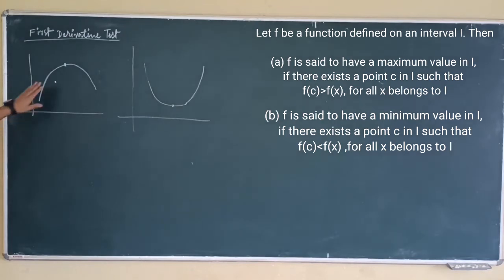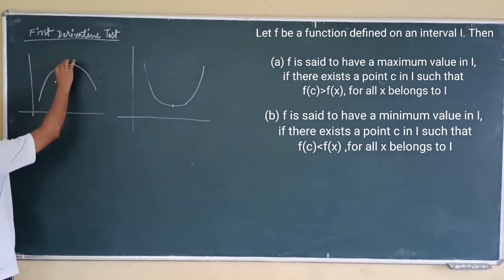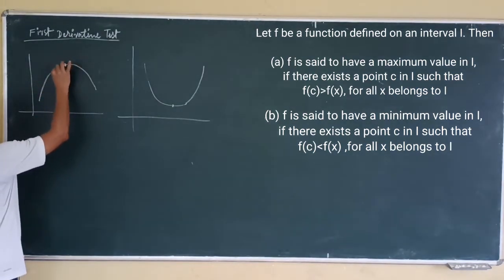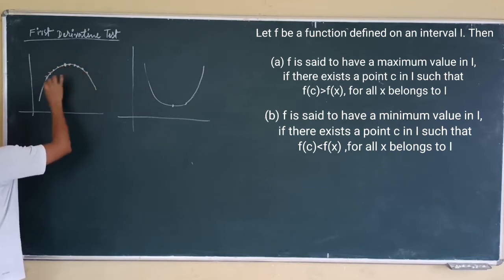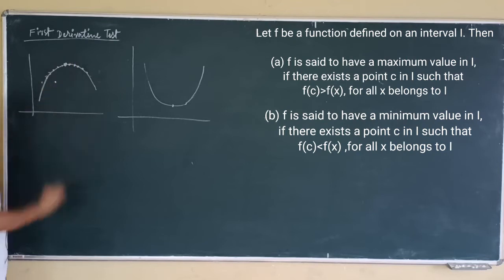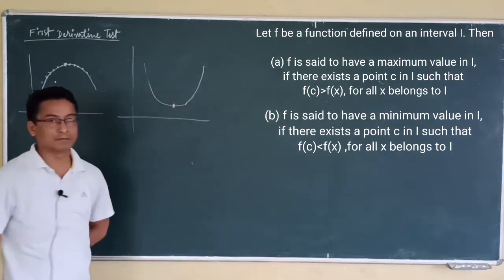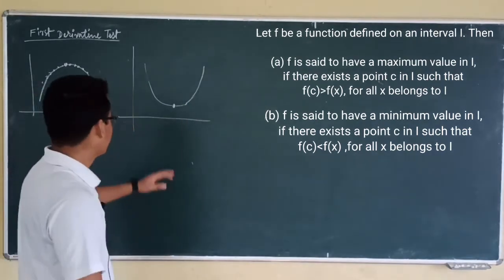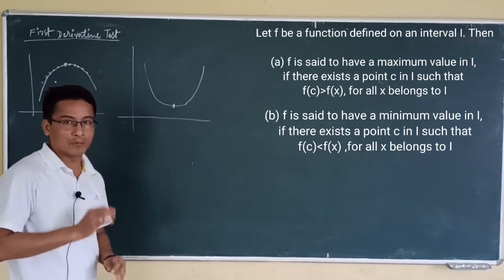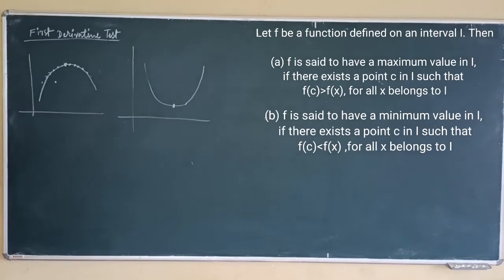So this point is the greatest among all the neighborhood points. This point is the highest point, and at this other point we get the minimum value of the function.